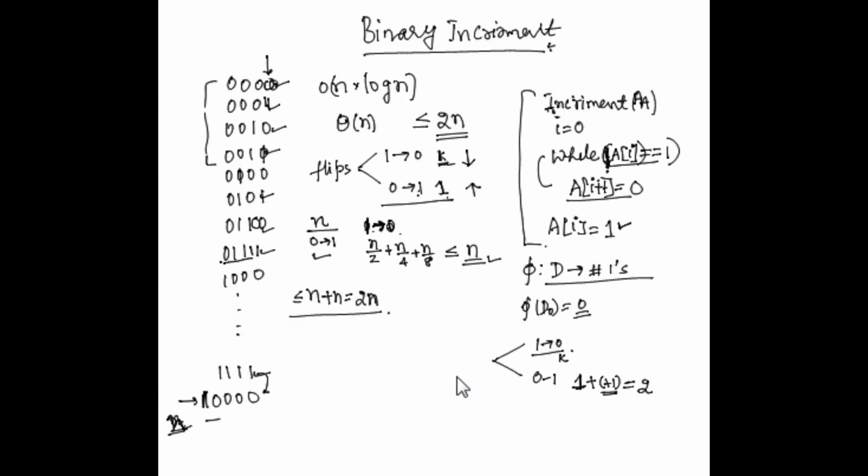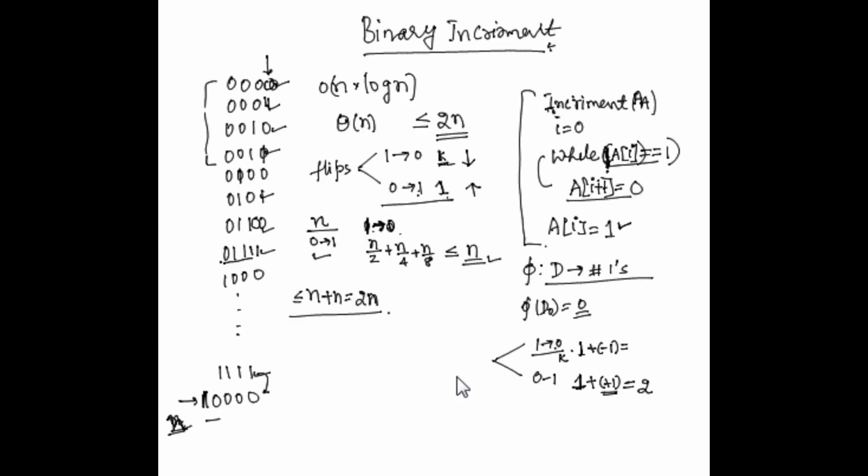Now let's pay attention to what really happens when I flip a 1 to 0. If I do k such operations, let's focus on one such operation. If I flip a 1 to 0, the number of flips that I have done is 1, and the change in potential is -1 because a 1 is being changed to 0, so the number of ones in the sequence is reduced by 1.